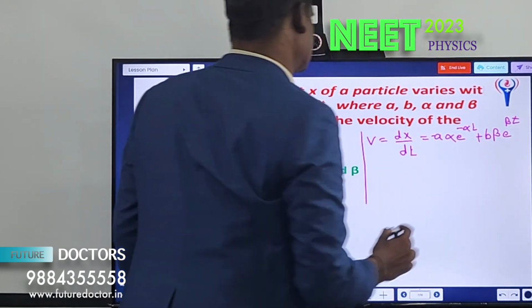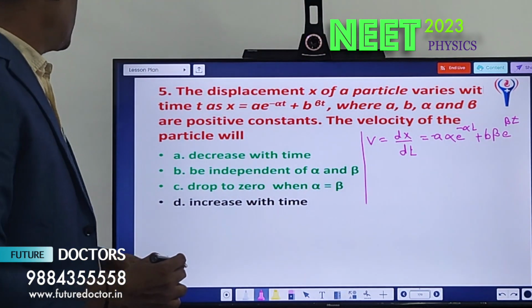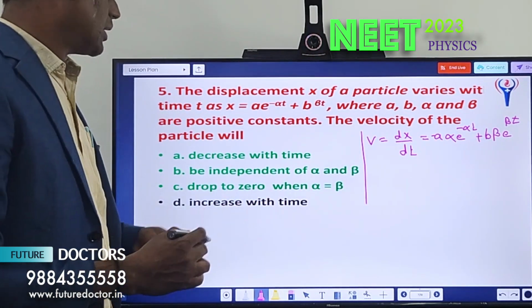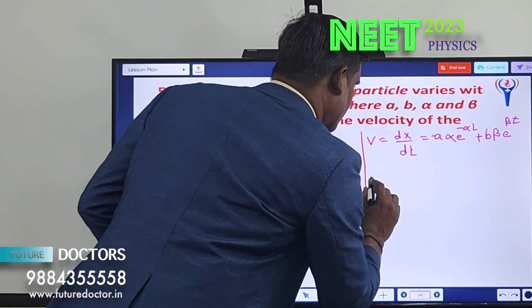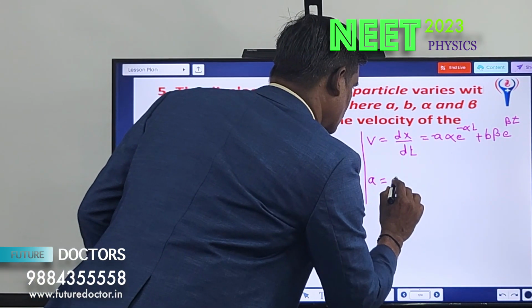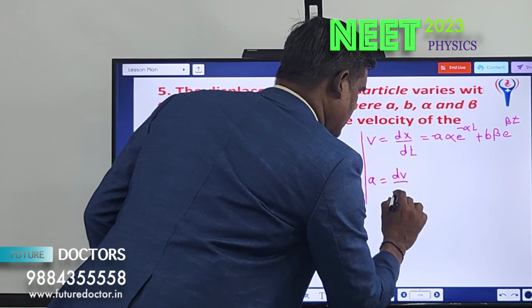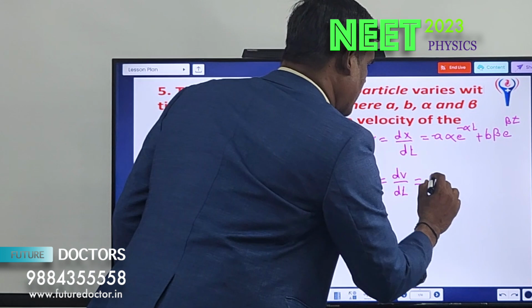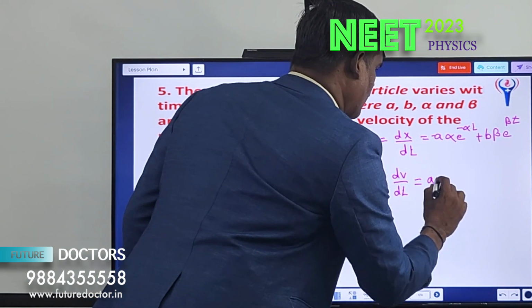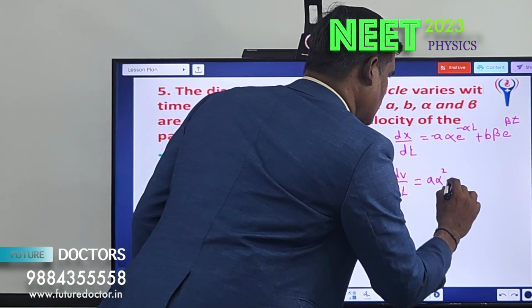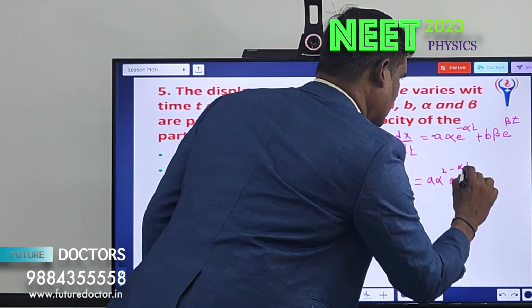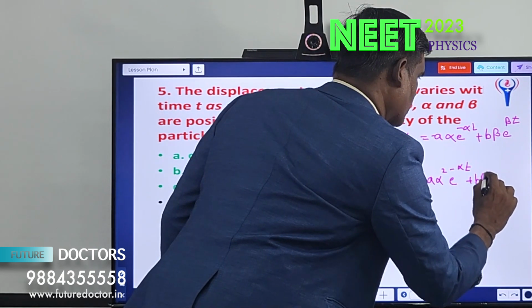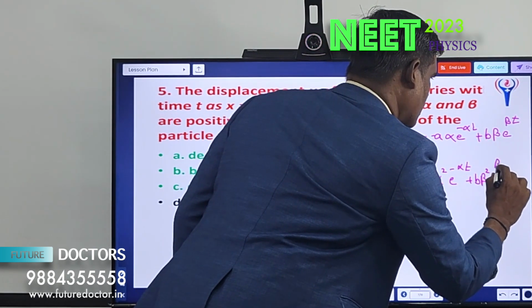Now the question is whether the velocity of the particle will increase with time, decrease with time, be independent of alpha and beta, or drop to 0. That we want to check. So again differentiate this. Acceleration a equal to rate of change of velocity, dv by dt, equals minus into minus plus, a alpha square e power minus alpha t, plus b beta square e power beta t.